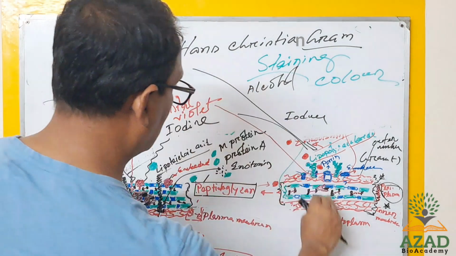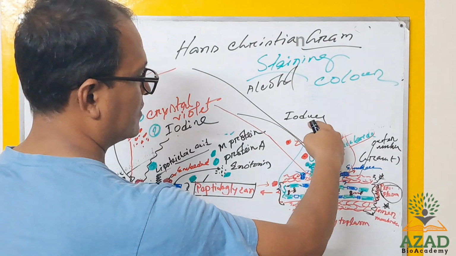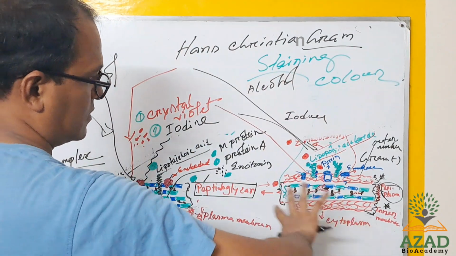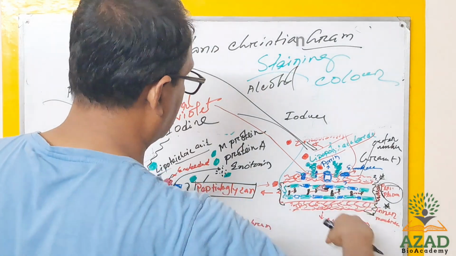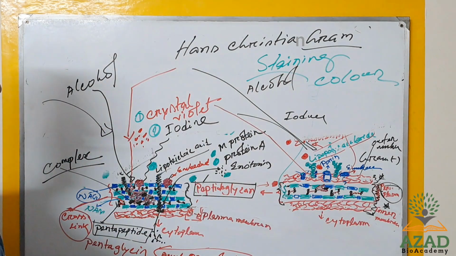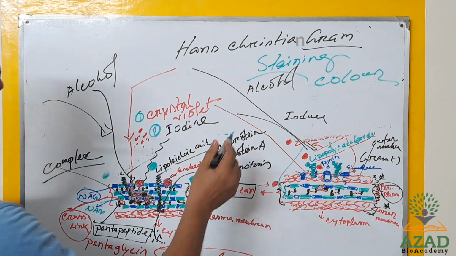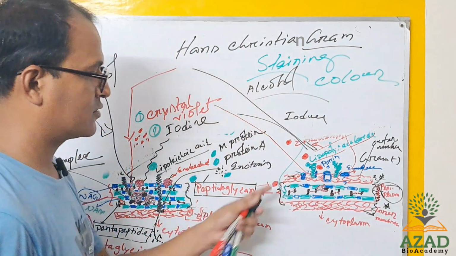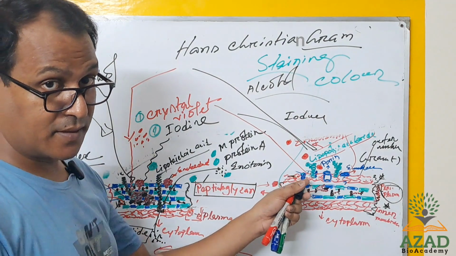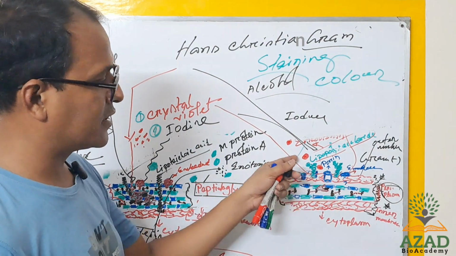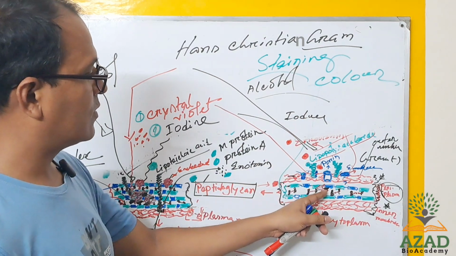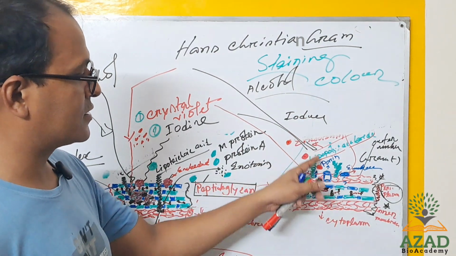Okay, so the iodine binding chance is less here, and on both bacteria alcohol is added for washing. Then what will happen? Alcohol will interact firstly with the outer membrane because it is lipid, so it will mostly be degraded by the alcohol, and it will also wash out the little amount of crystal violet and iodine.